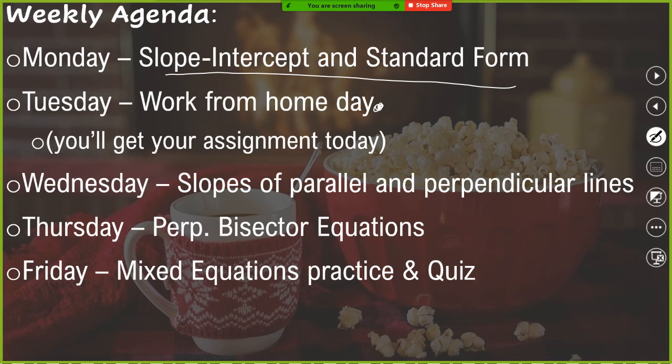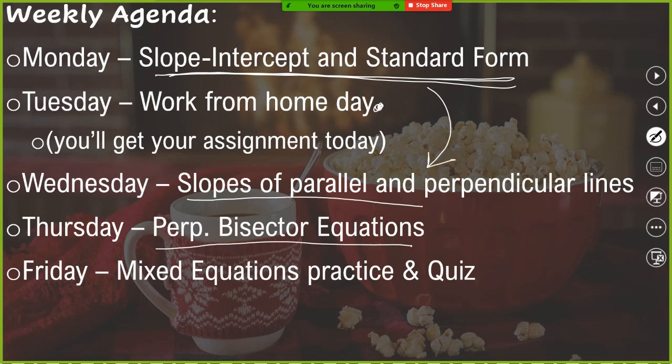Then on Wednesday when you come back, we're going to be talking about the slopes of parallel and perpendicular lines. Everything that we do here today is to prepare you for these two topics. Today is really going to be a review of stuff that you probably already learned in algebra. Then Wednesday and Thursday is when we're going to take that stuff and apply geometry to it. Thursday we'll talk about perpendicular bisector equations.